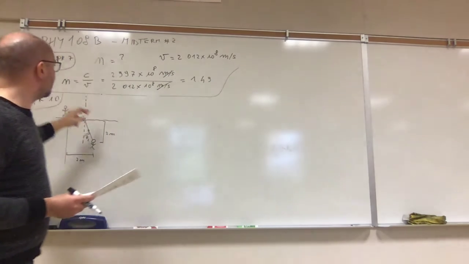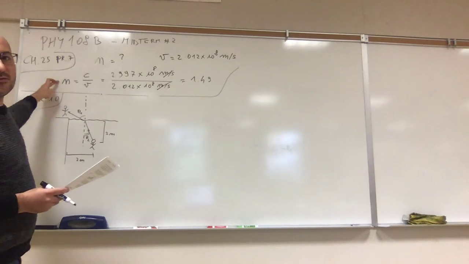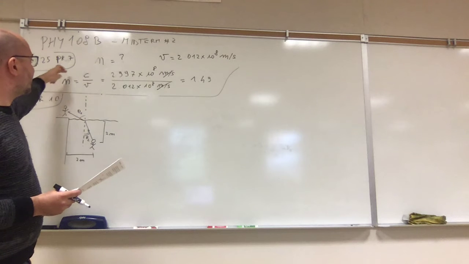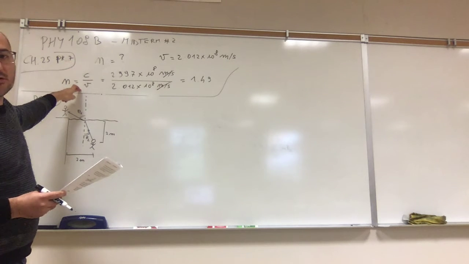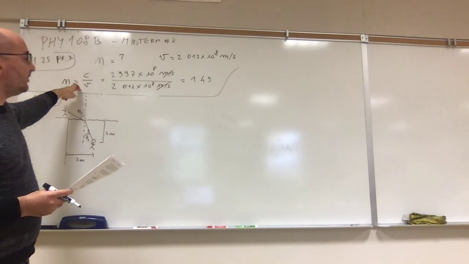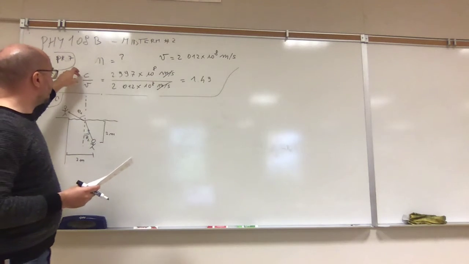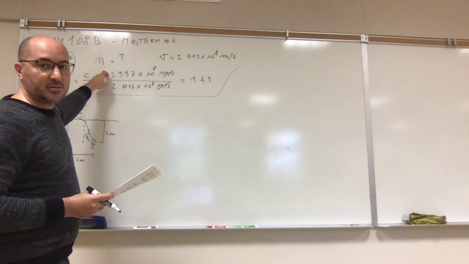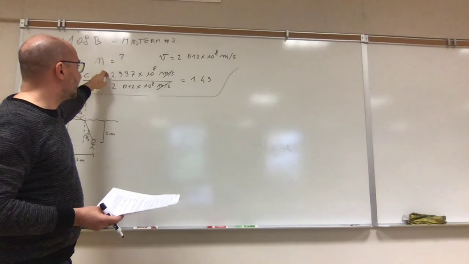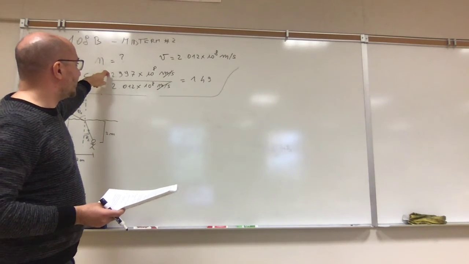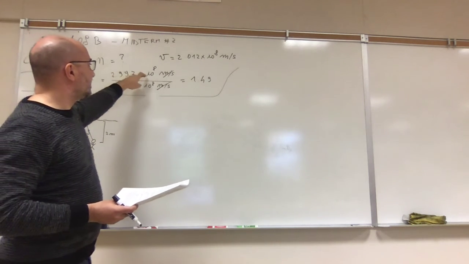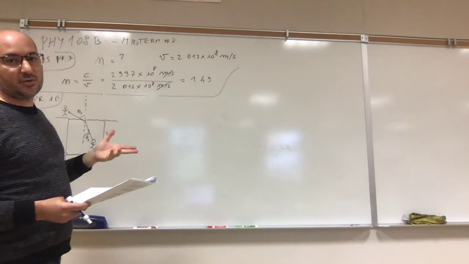We're just going to use the definition of the index of refraction, the little letter n, which is the ratio between the speed of light and the velocity of light in the medium. For this problem, you can use either 3.0 times 10 to the 8 meters per second, which is the simplest version, or, as I'm using here, a slightly more accurate version, 2.997 times 10 to the 8 meters per second. It doesn't really matter for your exams.